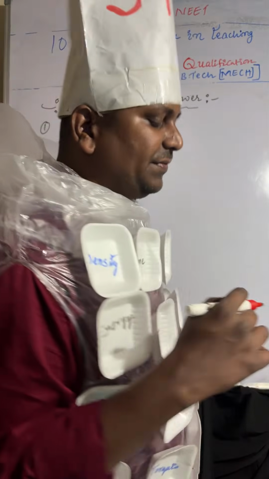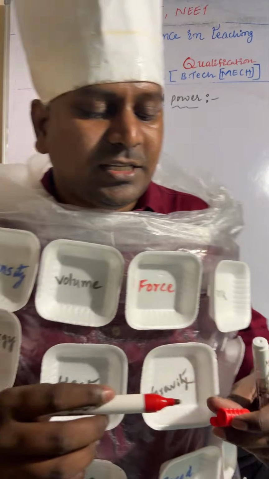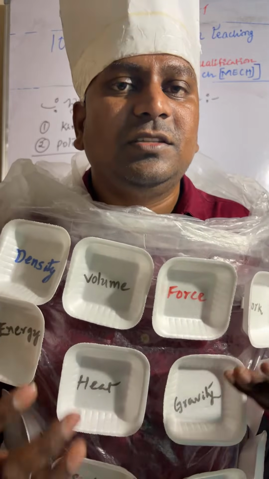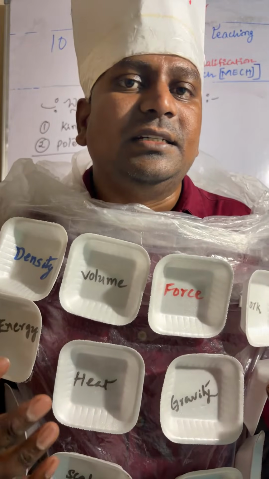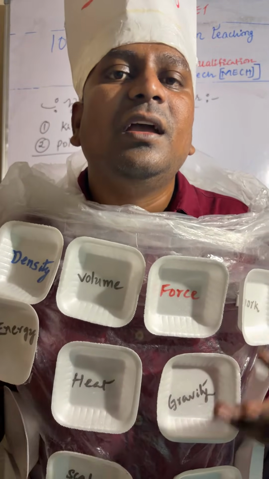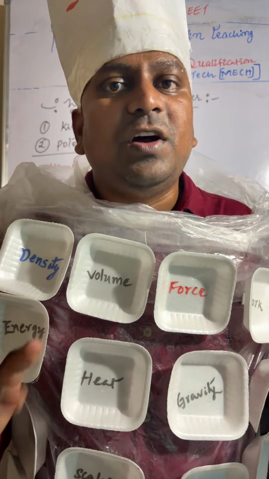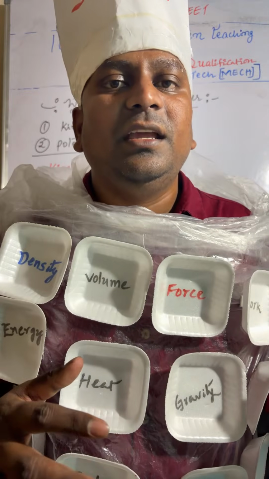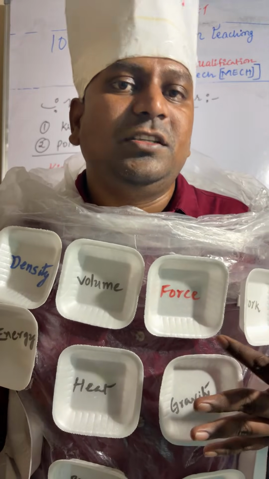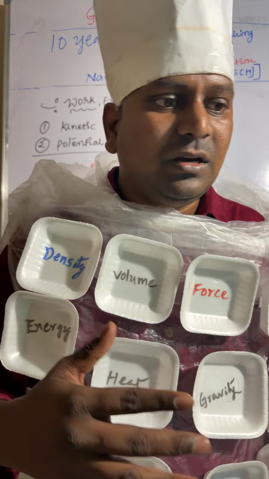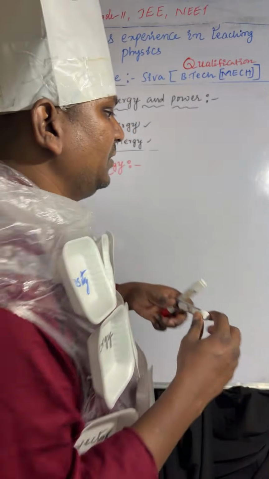Kinetic energy definition: energy possessed by the body by virtue of its motion is called kinetic energy. The formula of kinetic energy: K equal to half mv square. Understood or not? How will we get the formula?